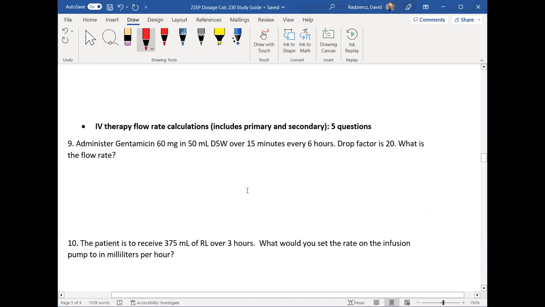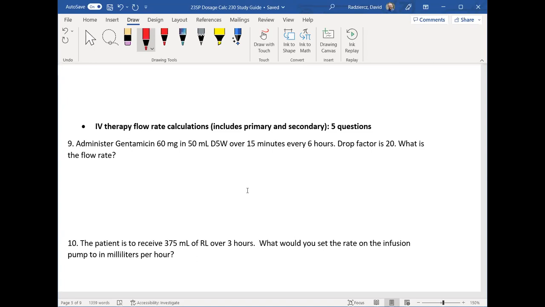Okay, good question. I don't know specifically, but here's a couple things I would look for. If it doesn't say microtubing, and if it doesn't give you a drop factor, meaning it doesn't tell you to look at the label, or there's no picture giving you some sort of drop factor, which is drops or GTT per milliliter, then you're going to be looking for milliliters per hour.